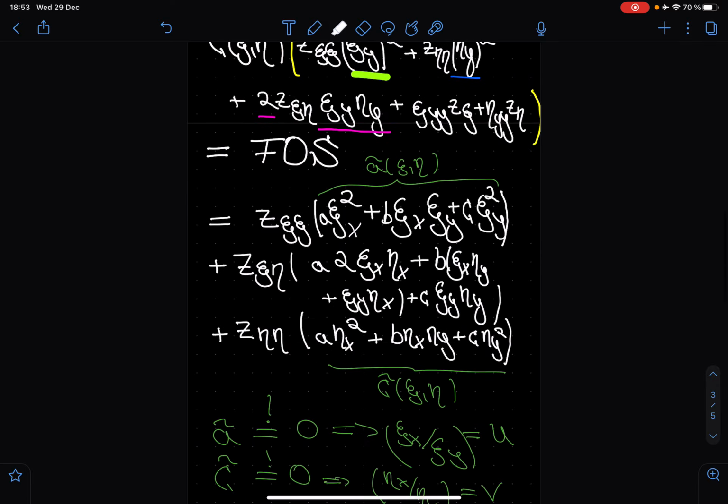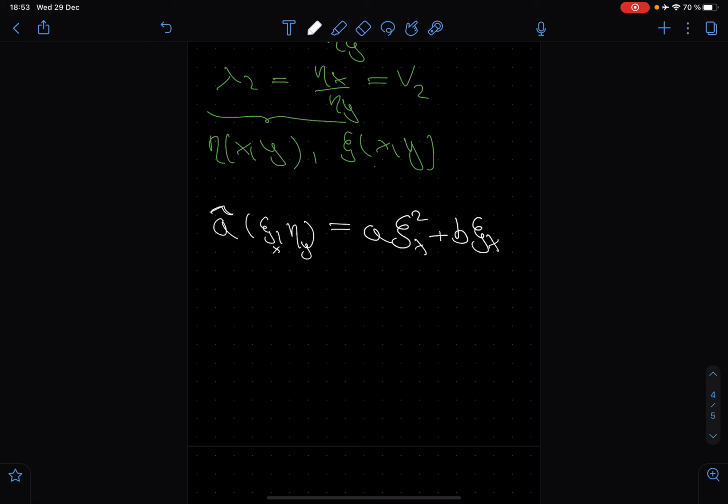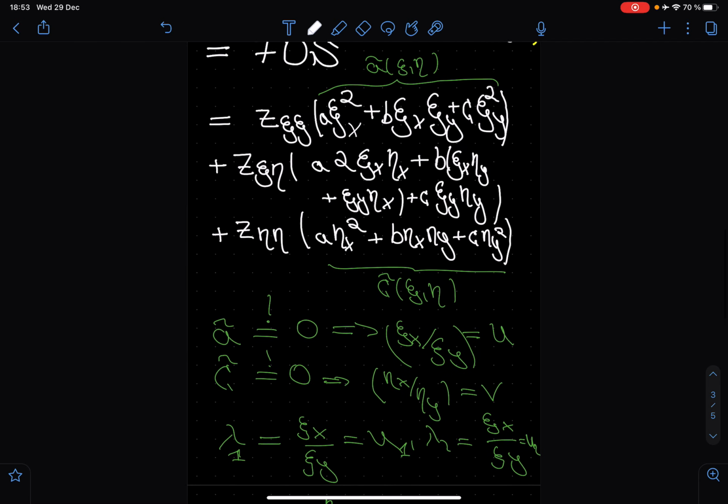If you ask yourself that question, which is not important, so we have a function a ψ_ξξ... a times ψ_x squared plus b times ψ_x ψ_y plus c ψ_y squared.